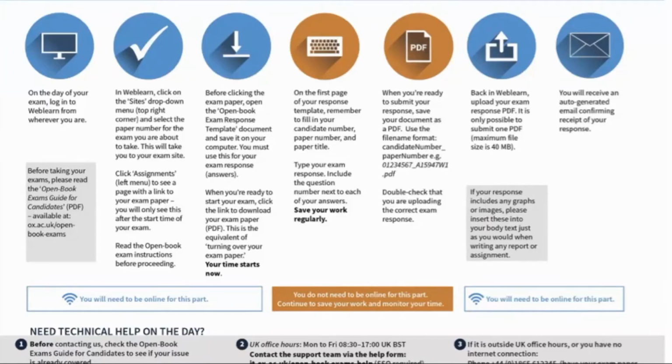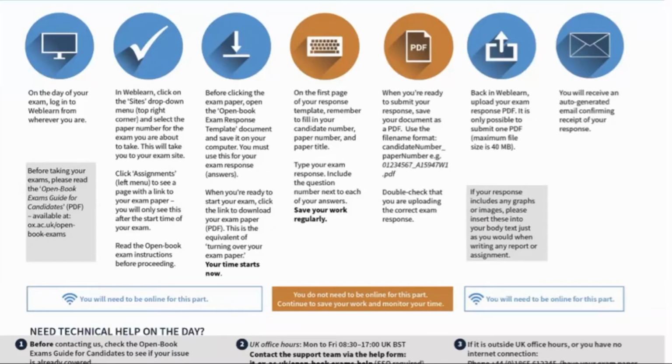So they ask the students to read their open book exam guide for candidates first, to understand what they have to do before attempting the questions, and then download the open book exam response template. Only when they are ready, they start the questions.